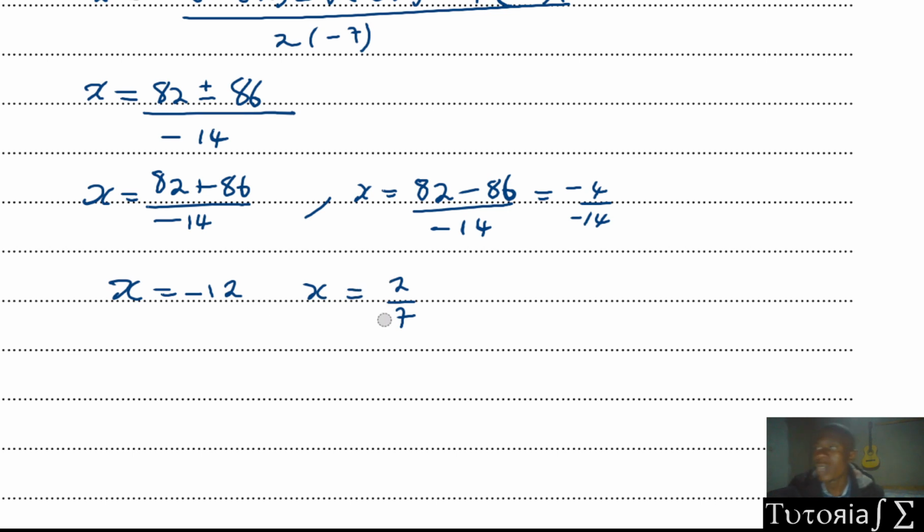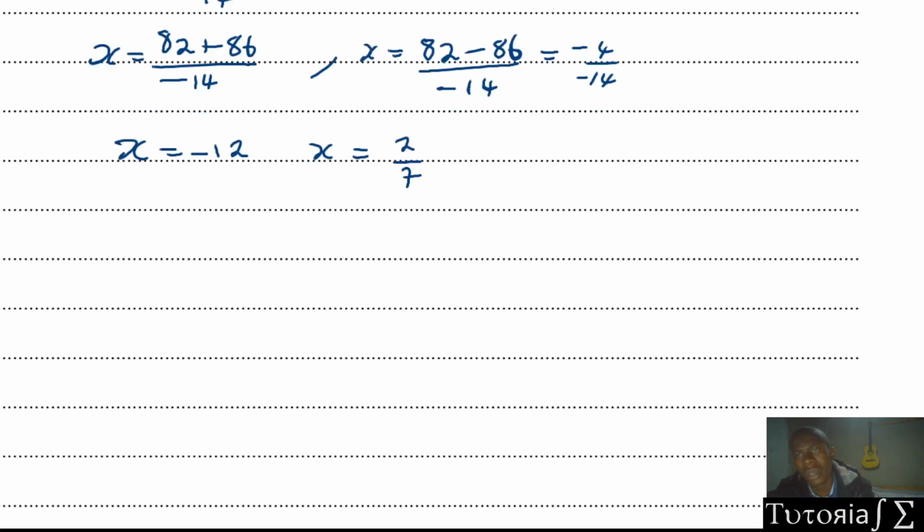So these are the two values of x that do not satisfy the inequality. Okay, we can test them out if you wish. So you're saying, do these satisfy the inequality minus 7 less than 4x plus 5?